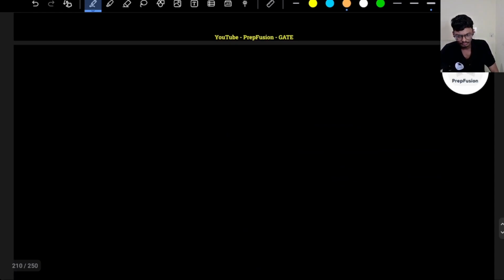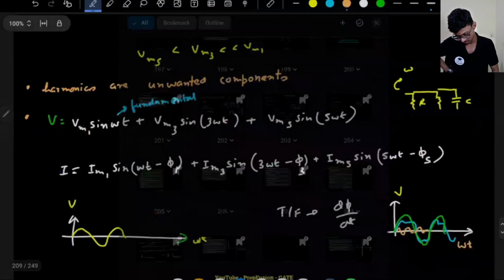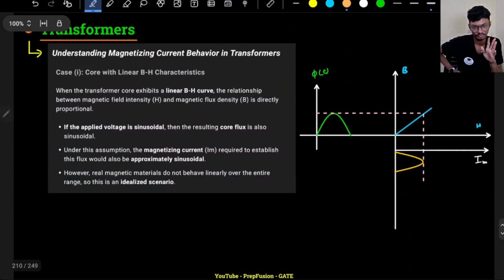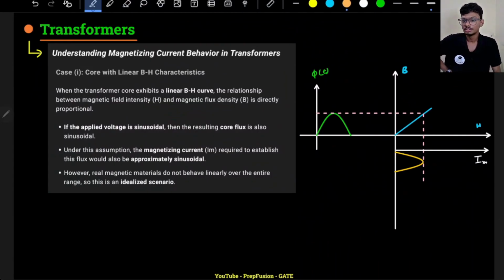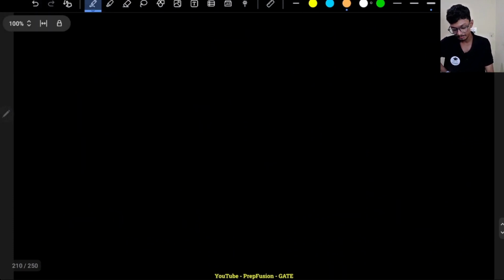Now let's go through a few things here. We will just do the conclusions which are required. Remember how harmonics can come in a transformer. There are many ways.